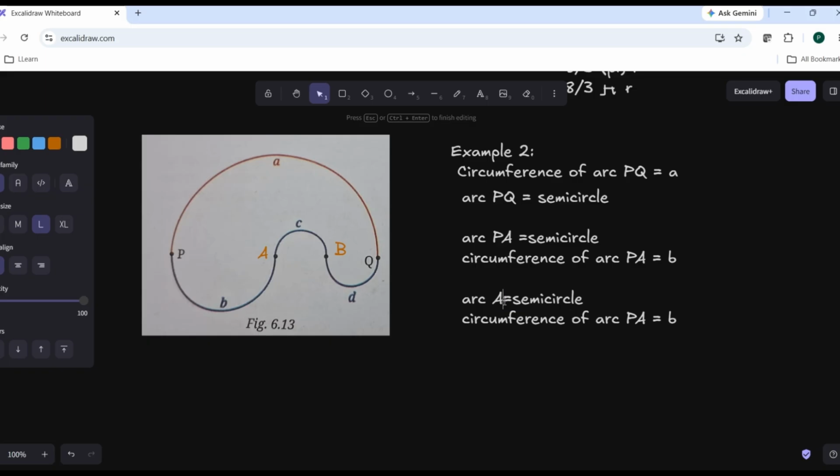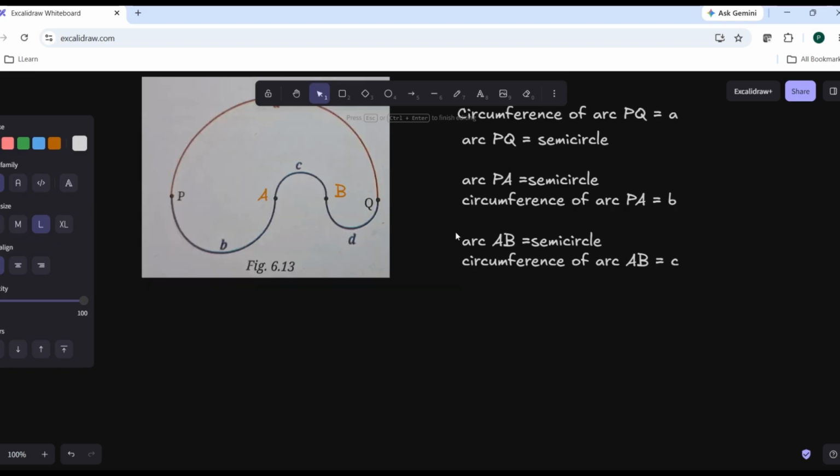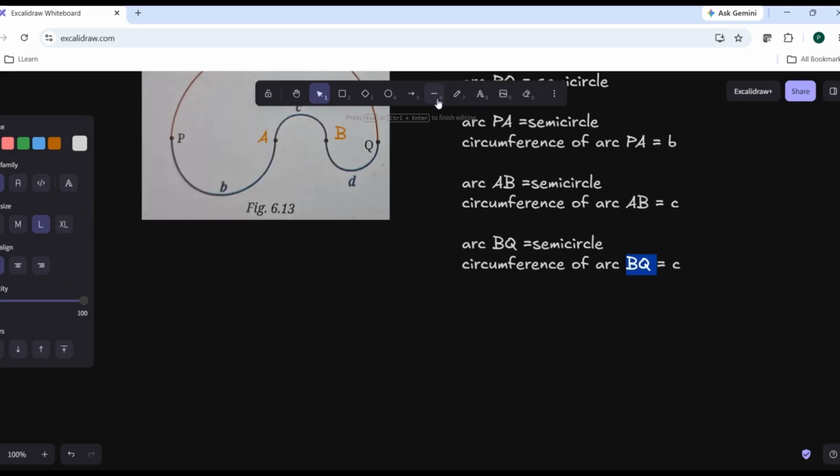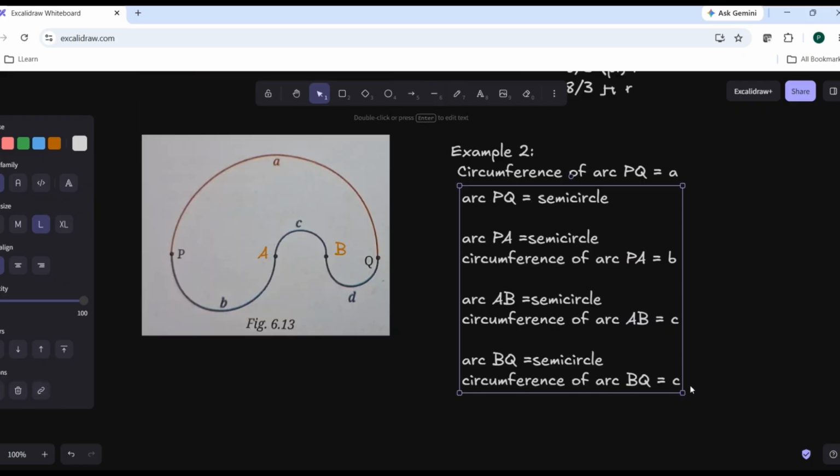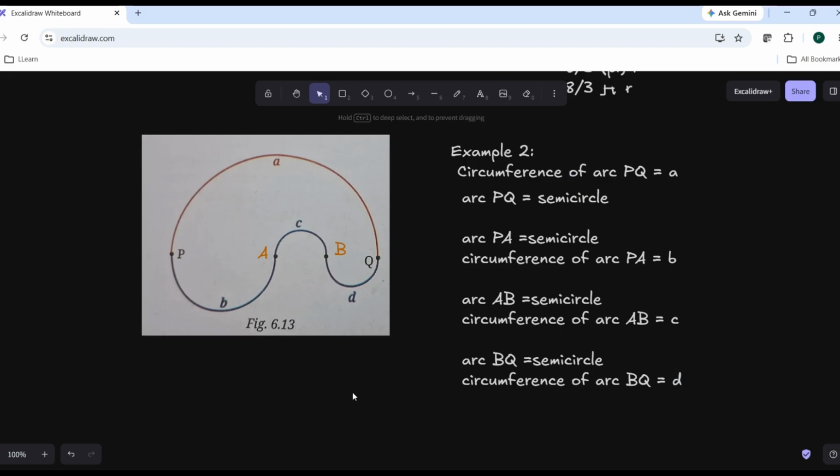Arc AB is also a semicircle, and the circumference of arc AB is C. Similarly, the last part, BQ. Arc BQ is also a semicircle and the circumference of arc BQ is D. So this is what we have been given.